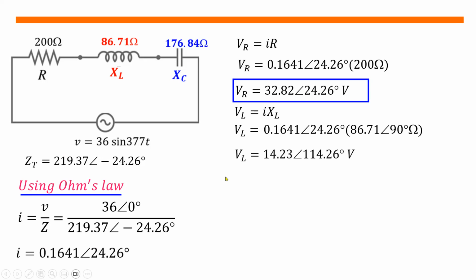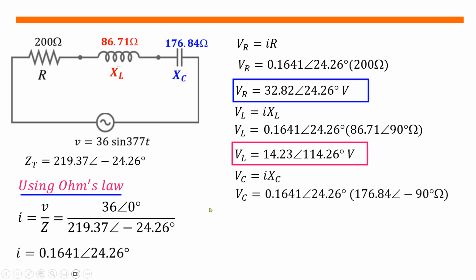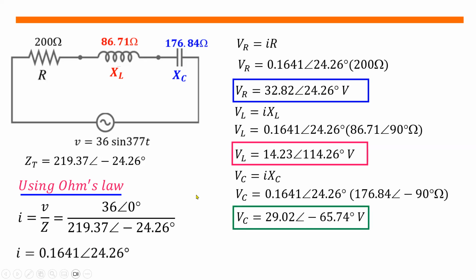Then this will give us 14.23 angle 114.26 degrees volts. And for the value of the voltage across the capacitor, that will be I multiplied by the capacitive reactance. So using the equation, this will give us the voltage for the capacitor, which is equals to 29.02 angle negative 65.74 degrees volts.